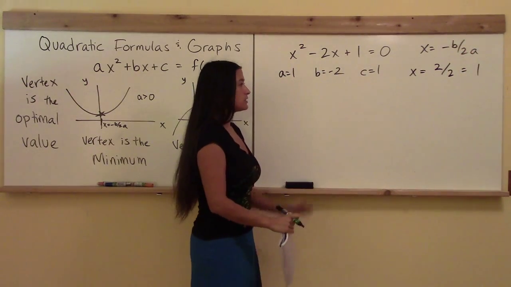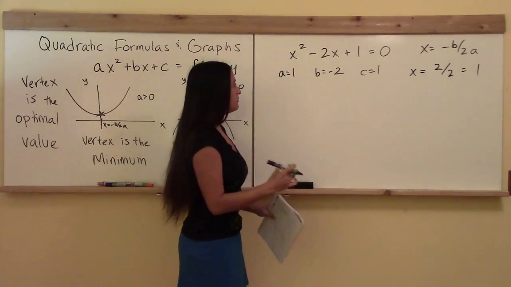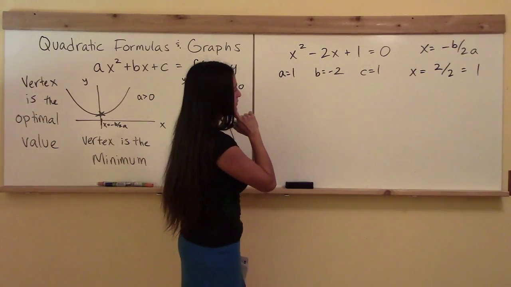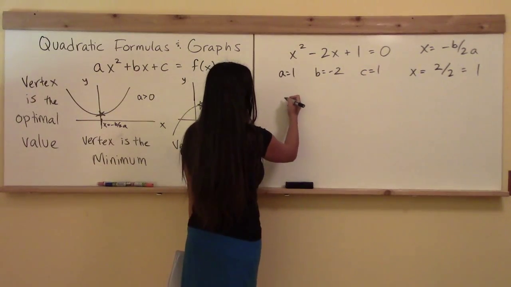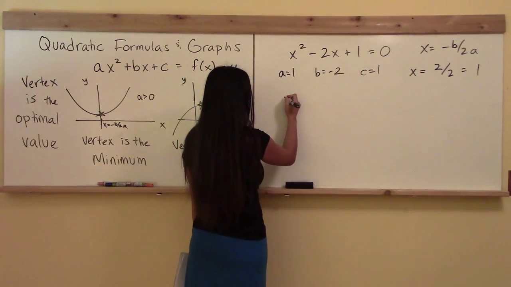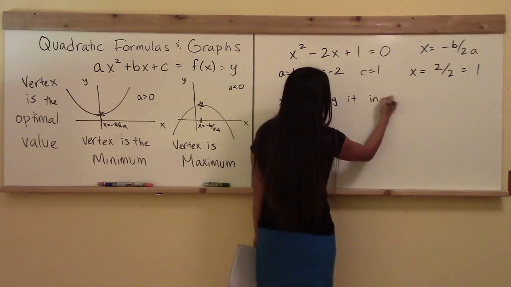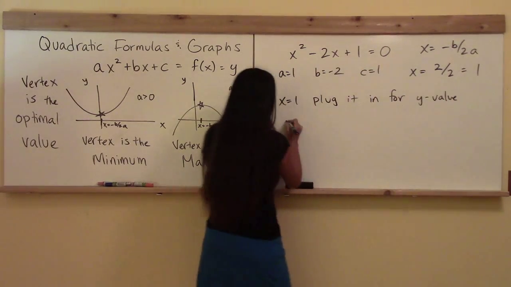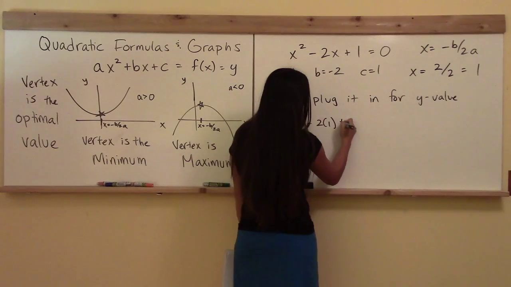So the vertex is located at the x value, x equals 1, but I'm interested in something a little more than that. What is the y value for this? Let's take x equals 1 and plug it in for the y value. So I take 1, square it, minus 2 times 1 plus 1.